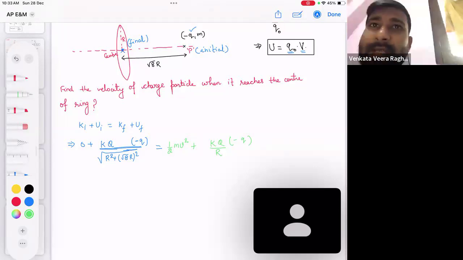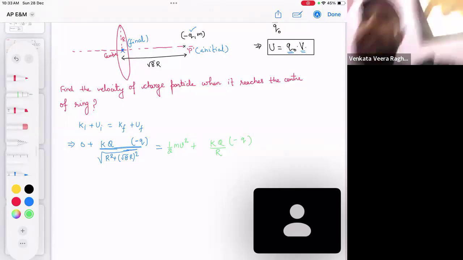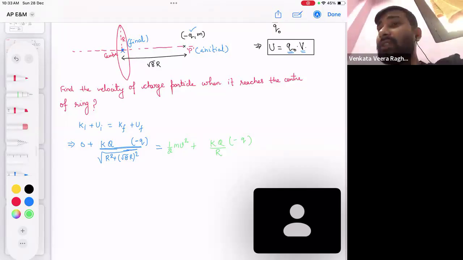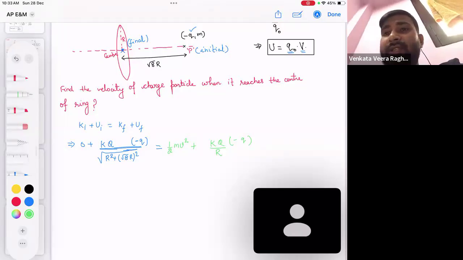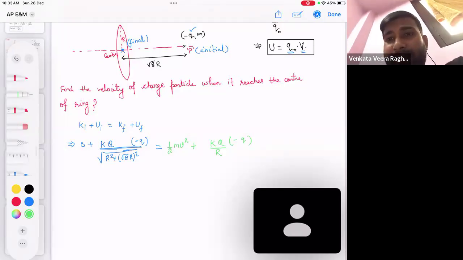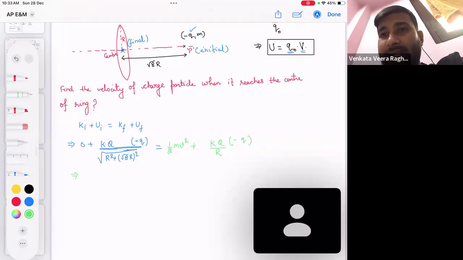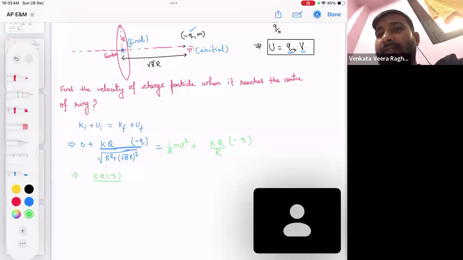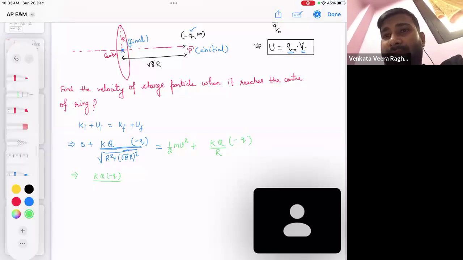Understood? So K initial plus U initial equals K final plus U final. Now we will simplify it. Check what we are getting. We are getting K capital Q minus q. And look, root 8 R was given so that the calculation would be easy. So 8 plus 1, this is coming 3R.